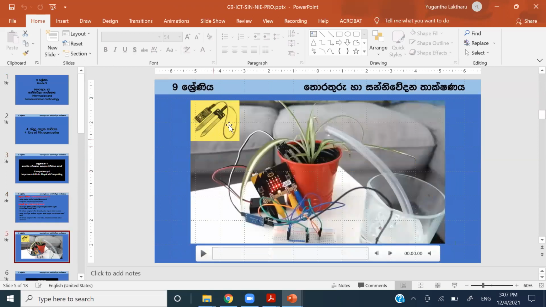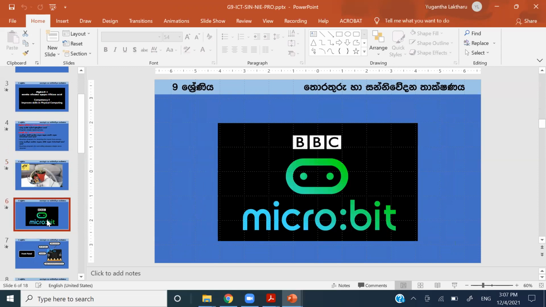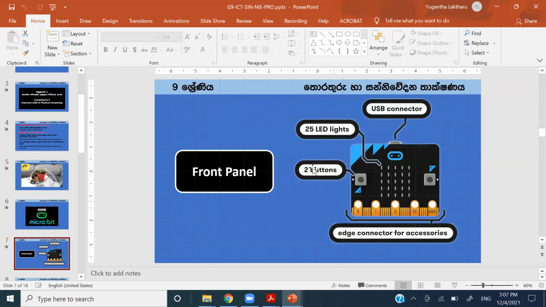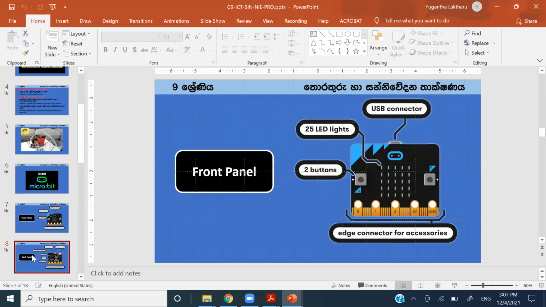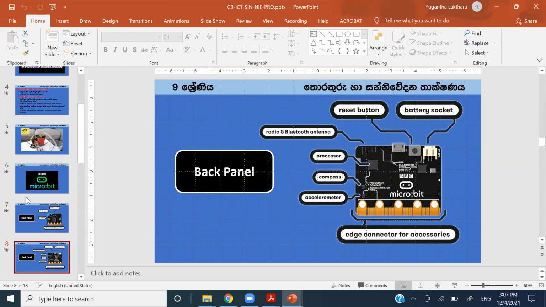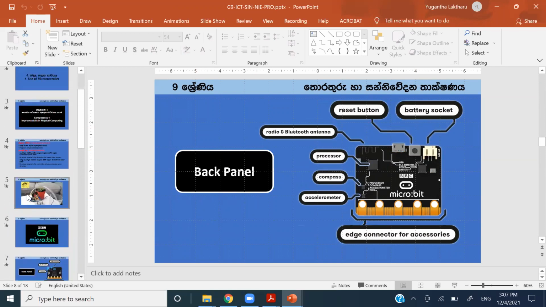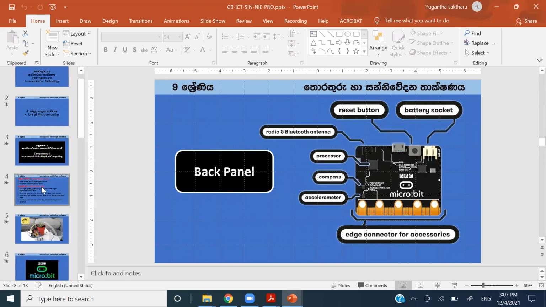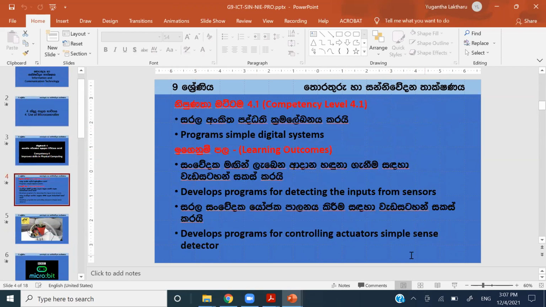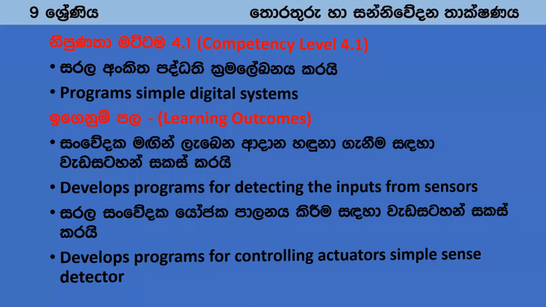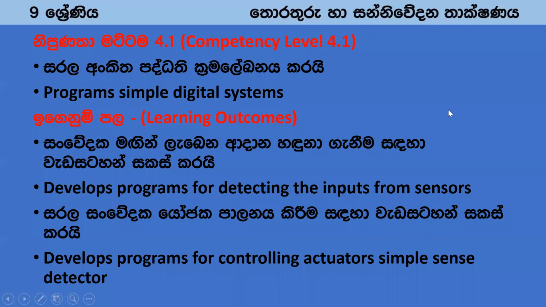And here I have used a particular video, and the microbit logo and some explanation about the microbit, how the front panel and the back panel work. These are some grade 9 topics. So this is how it was delivered.